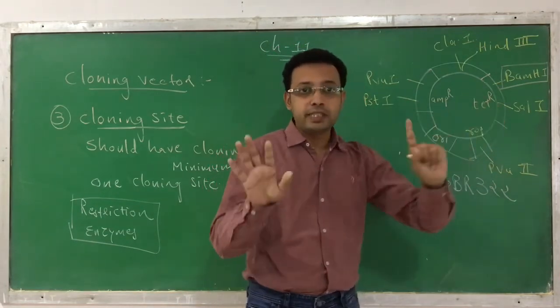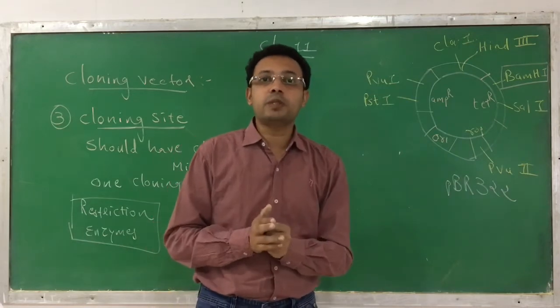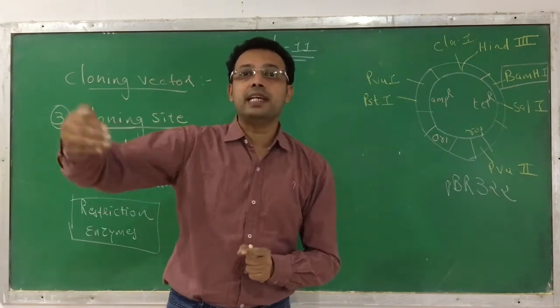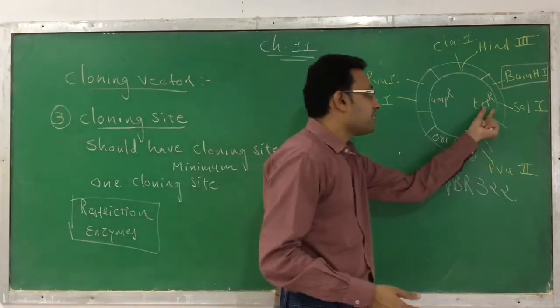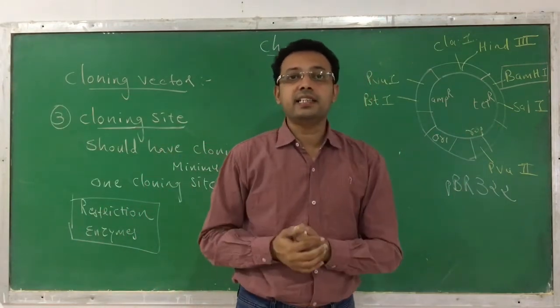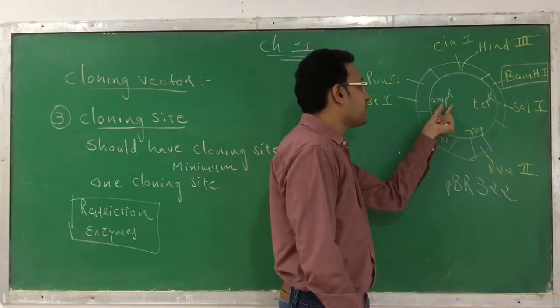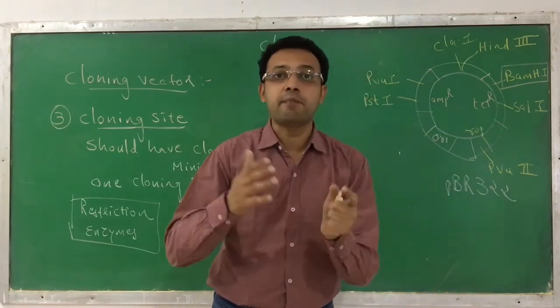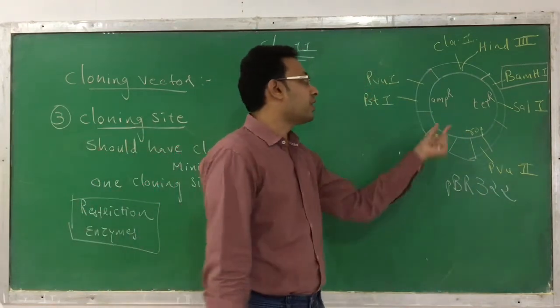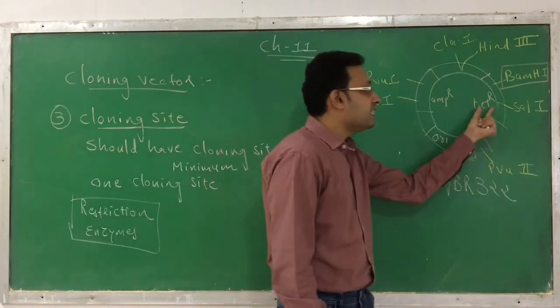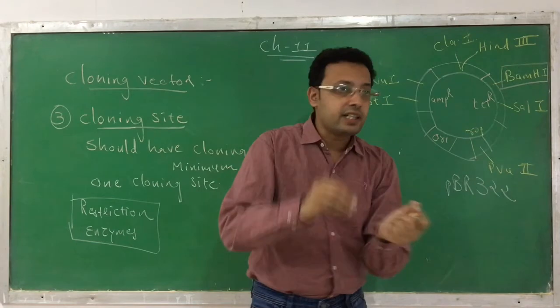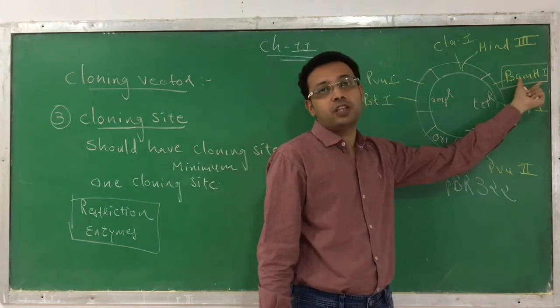Tetracycline resistance means it is not killed by tetracycline. Tetracycline is an antibiotic. When this is present, it is not killed by tetracycline. When ampicillin R is present, it is an ampicillin resistance gene, it is not killed by the antibiotic ampicillin. But here we are inserting this foreign DNA at the BAMH1 cloning site.